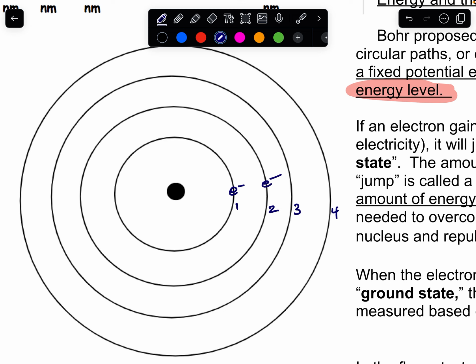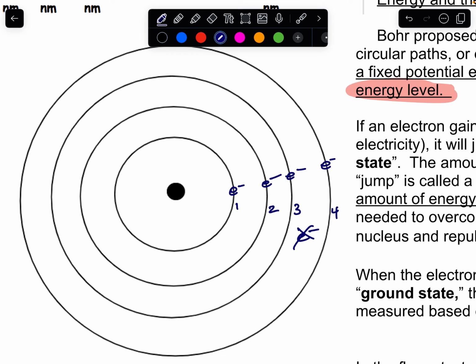So I can have an electron that hangs out here, or here, or here, or here. But I can't have an electron hanging out here because it's in between energy levels. That doesn't happen. They can only exist in these very distinct spots. That's the first part that Bohr says.